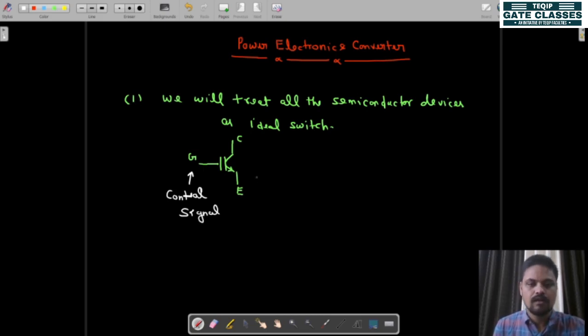Control signal, and then this will be on or off.